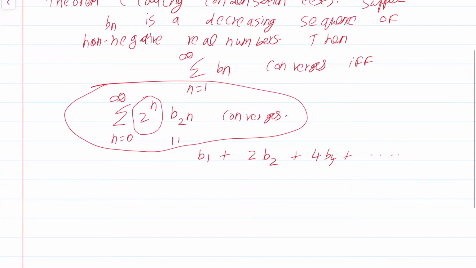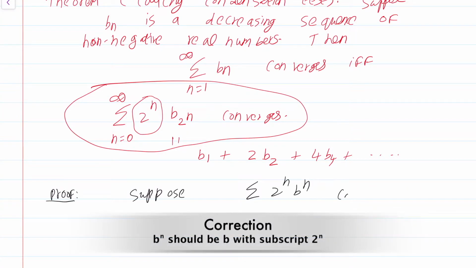Proof. Suppose summation 2 power n b 2 power n converges, n equals 0 to infinity.